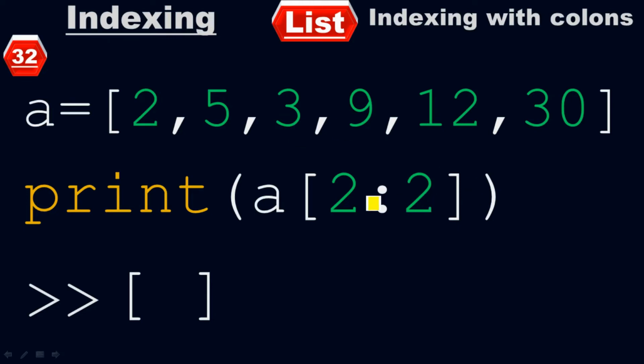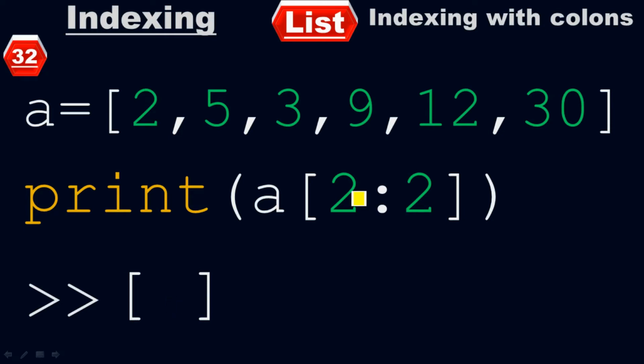Remember, we have index 2 on the left of the colon, and also we have index 2 on the right of the colon. 2 is included on the left of the colon, but 2 on the right side is not included. Just before 2, all the values are included, but 2 is not included. So exactly at 2, we have 3 here. As we know, the program starts right from 3 up to 3, but 3 is not included, which means that you will get an empty set.